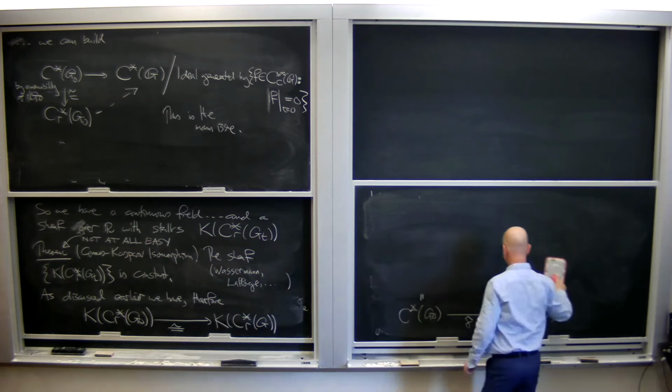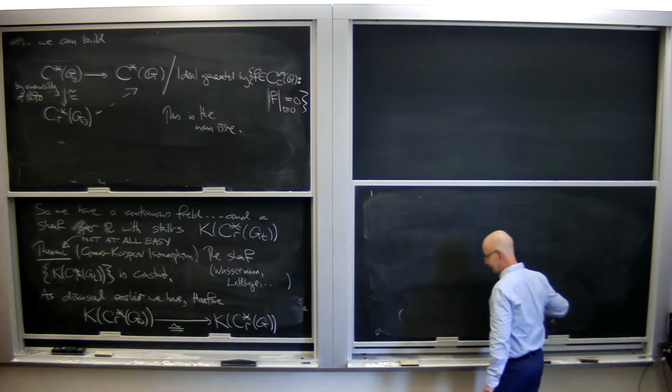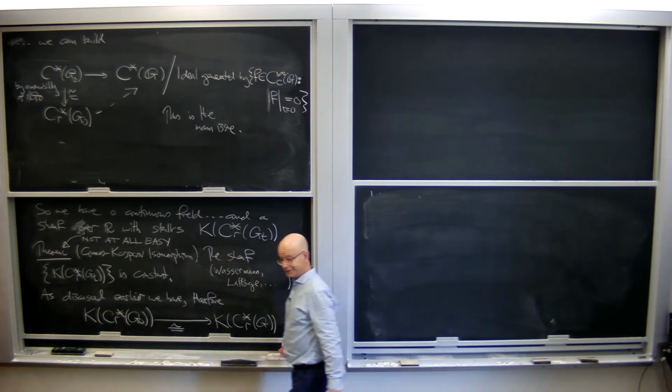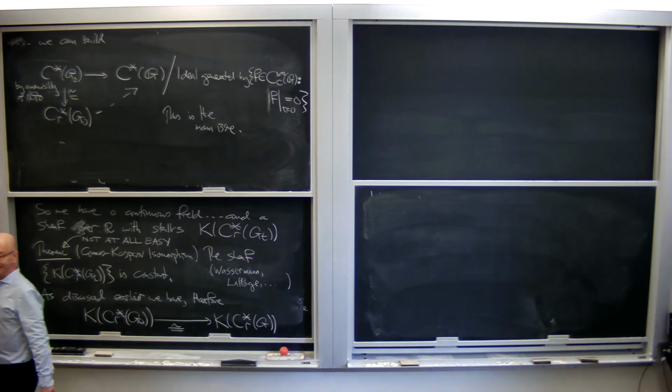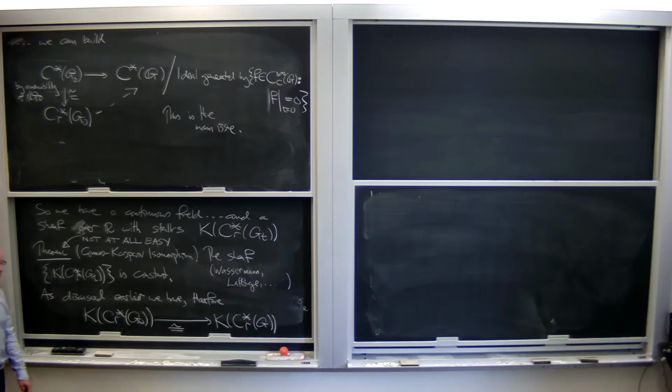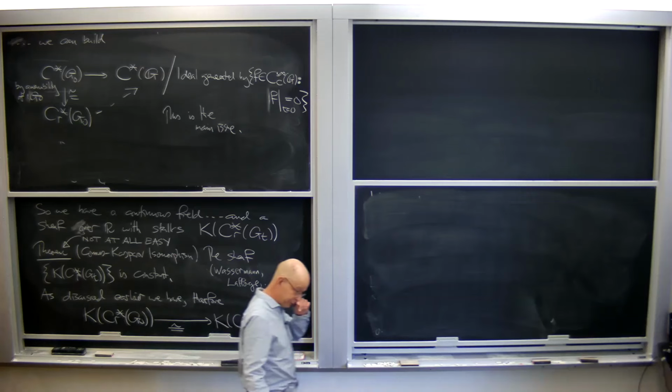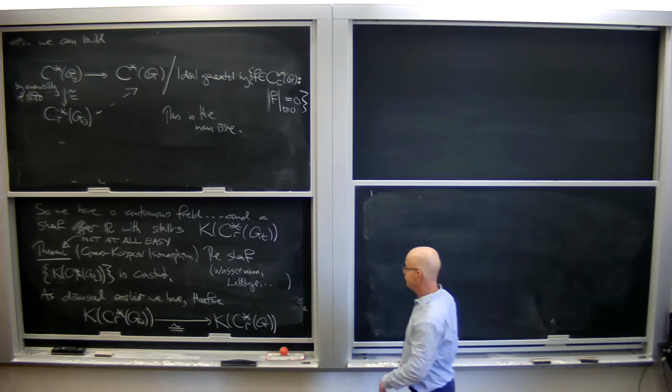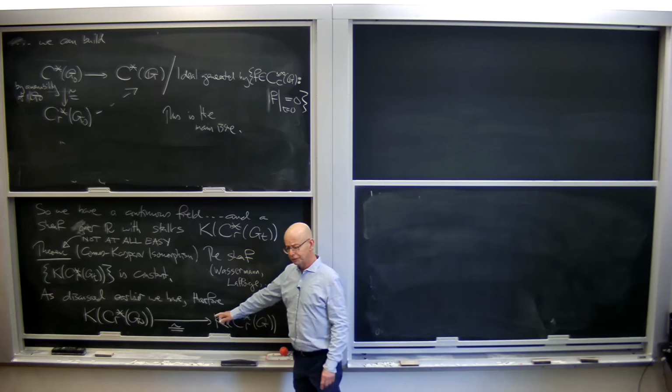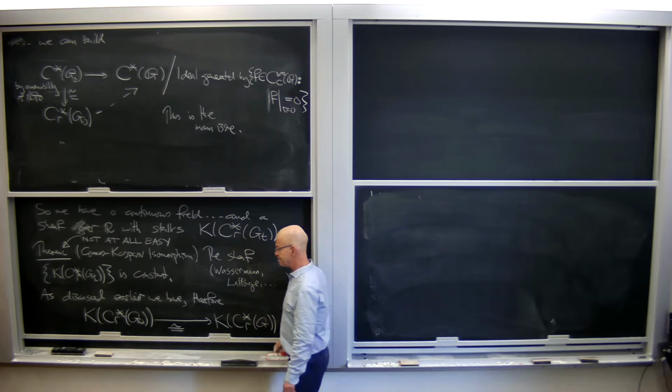Here's a statement that's relatively speaking not a difficult statement to formulate. We've gotten kind of used to continuous fields of C-star algebras, and we've gotten kind of used to arguments like this. So it's not difficult to formulate this, and then you get a sort of universal isomorphism statement.